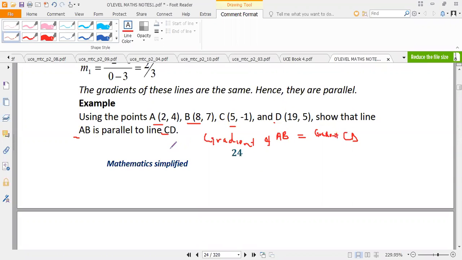Okay, so let's first find the gradient of AB.